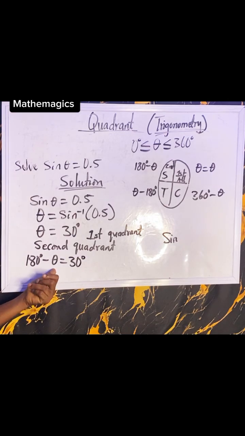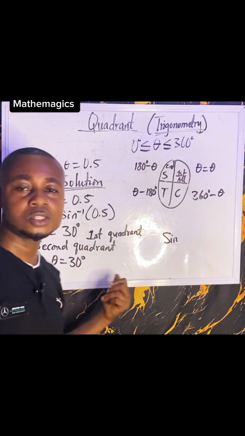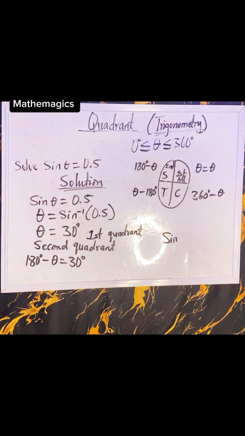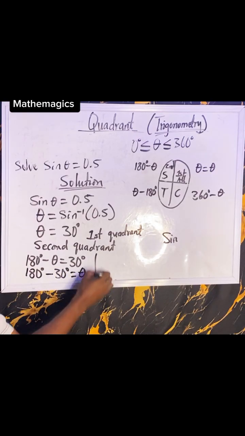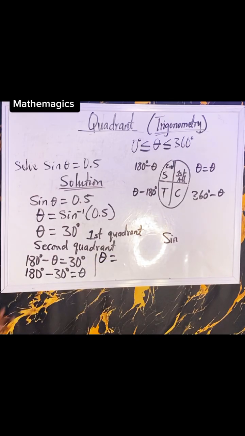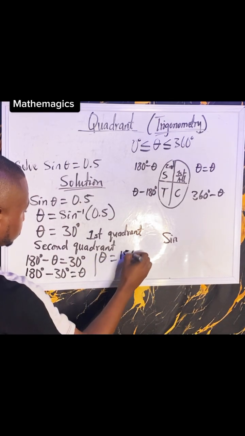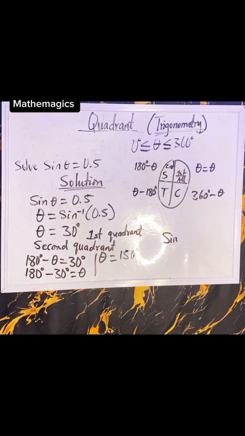Then I'll have to add theta to both sides, then subtract 30 degrees from both sides. So what I have here becomes 180 degrees minus 30 degrees, which is equal to theta. So what is the value of theta? That becomes theta equal to 180 degrees minus 30. Of course, this is 150 degrees.